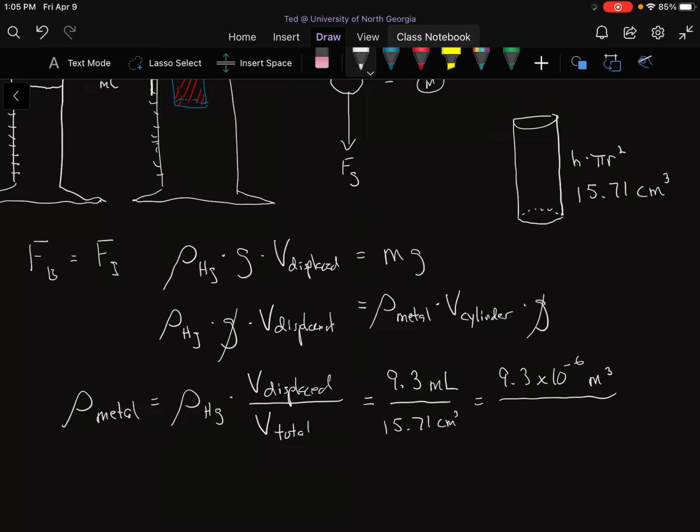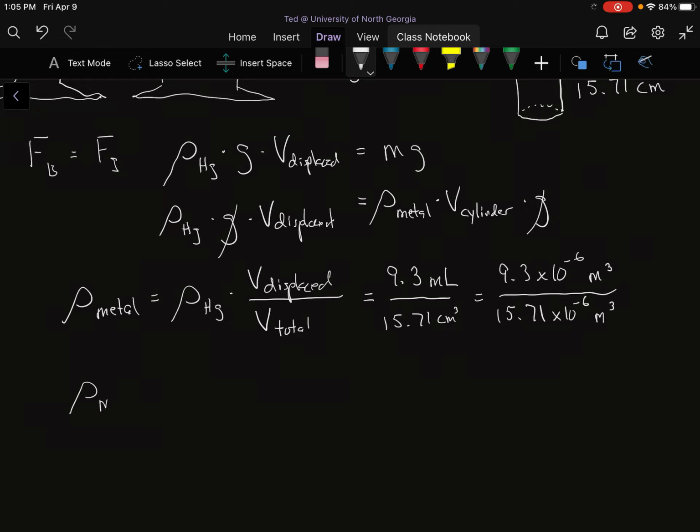Well, it turns out a centimeter cubed is a milliliter, but if I want to convert centimeters cubed to meters cubed, I need to divide by 100 three times. So that's 15.71 divided by 100, divided by 100, divided by 100, and that gives me 15.71 times 10 to the minus 6 meters cubed.